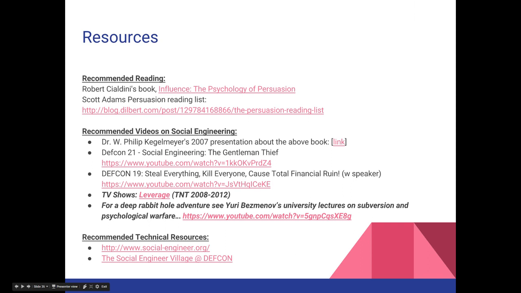So to end this part, some resources I would recommend are Robert Cialdini's book Influence: The Psychology of Persuasion, and Scott Adams' reading list on persuasion. He's the guy behind the Dilbert comics, and he's a trained hypnotist and does a lot of writing about persuading people, and it's really great stuff.